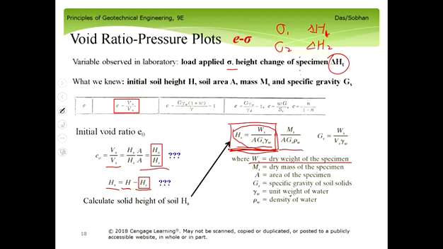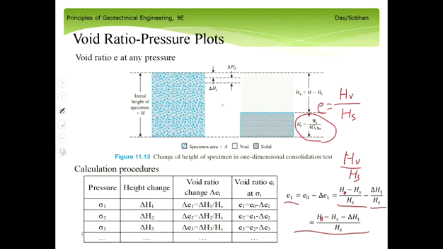You always observe the current height, so you know H, and then you know HV. You know HV, you know HS, you know the current void ratio.